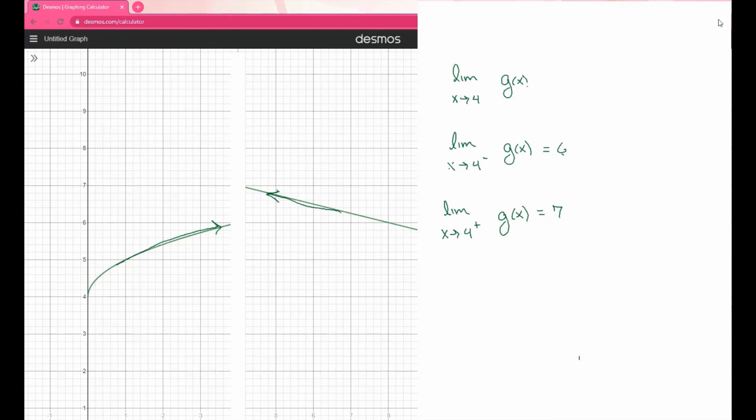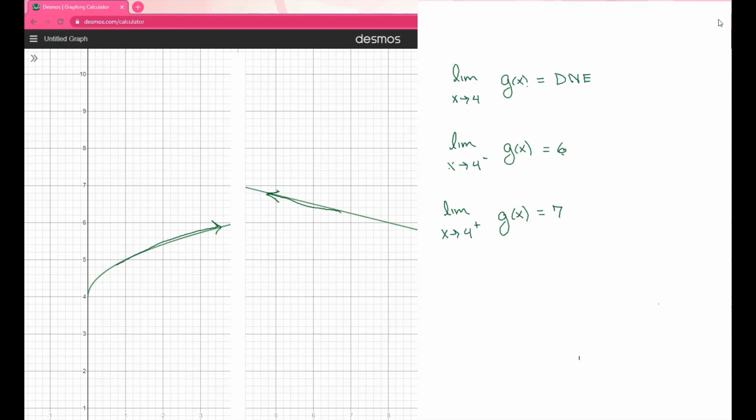So, in this case, what is the limit of g of x as x approaches 4? Well, just like last time, imagine you have to make a guess. You don't know 100% sure which one it's going to be because they go to different parts. So for here, we would say the limit does not exist. If the limit from the left does not equal the limit from the right, the limit does not exist.